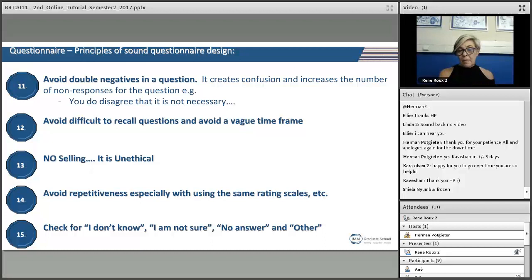If you ask them to rate something, they might not be sure how to rate it, so give them that option. Or you ask them maybe their income and they don't want to answer, so give them a no answer. Or I don't know. So really depending on the type of question that you ask, make sure that you include the right word.